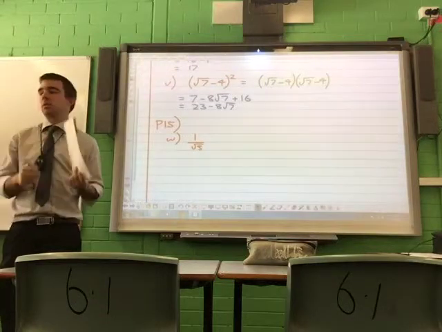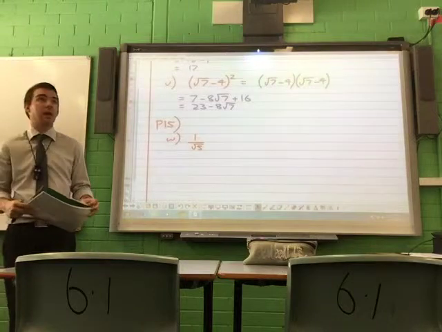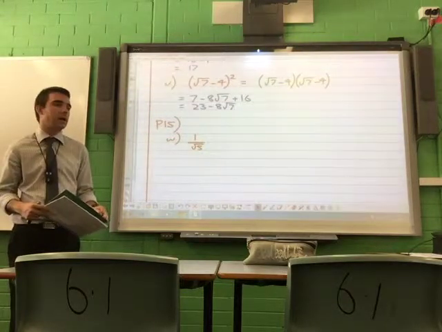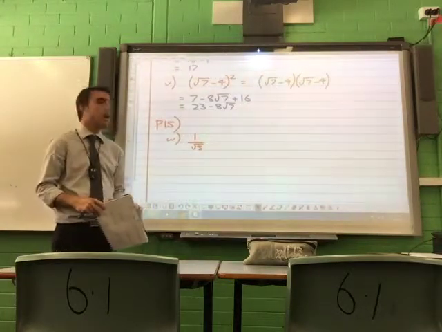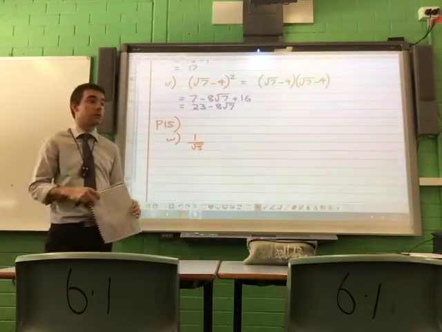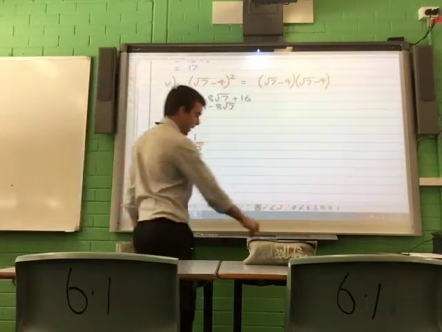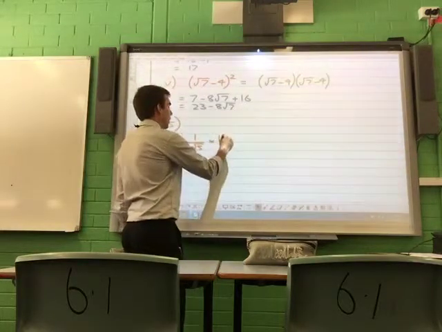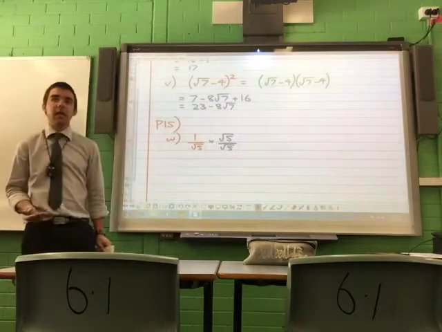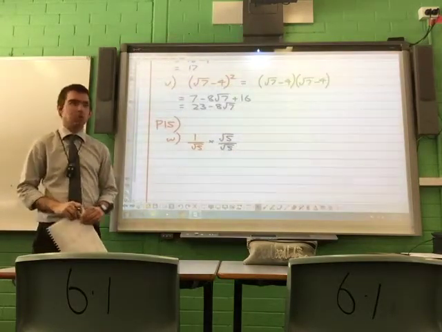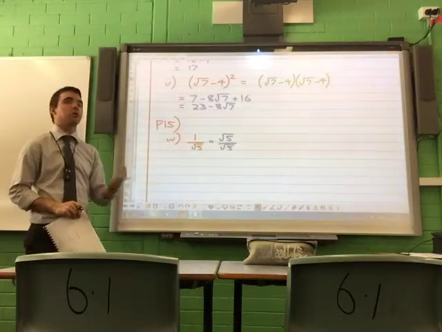Root 5 is an example of an irrational number, where we cannot write it in fraction form A over B, where A and B are integers and B is not equal to 0. So the process of rationalising the denominator is where we make the denominator of the fraction rational. In order to do that, I'm going to multiply by root 5 over root 5. Effectively, I'm multiplying by 1, just changing the values on top and bottom so the fraction simplifies down to 1.